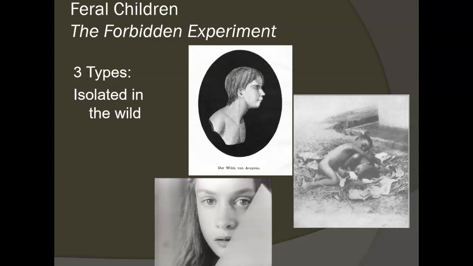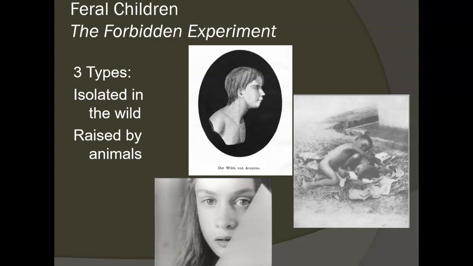Another type of feral child, and this one is really hard to grasp, are those that are raised by animals. And there are a surprising number of feral children's stories of children raised by animals. The picture on the right is of Amala and Kamala. And these are two girls that were found by a missionary in India.